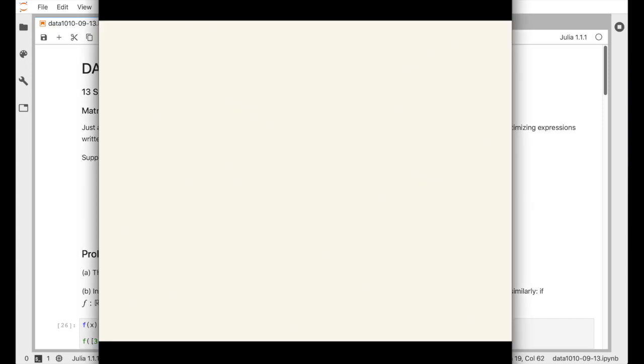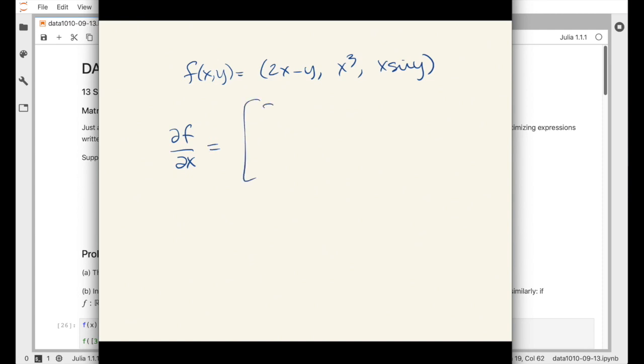For example, if we consider a function like f of x comma y equals 2x minus y comma x cubed comma x sine y, then the derivative matrix for this function is going to be the derivative of the first component, both ways we can do it, with respect to x and then with respect to y. Then the derivative of the second component with respect to x and with respect to y. And the derivative of the third component with respect to x and with respect to y.